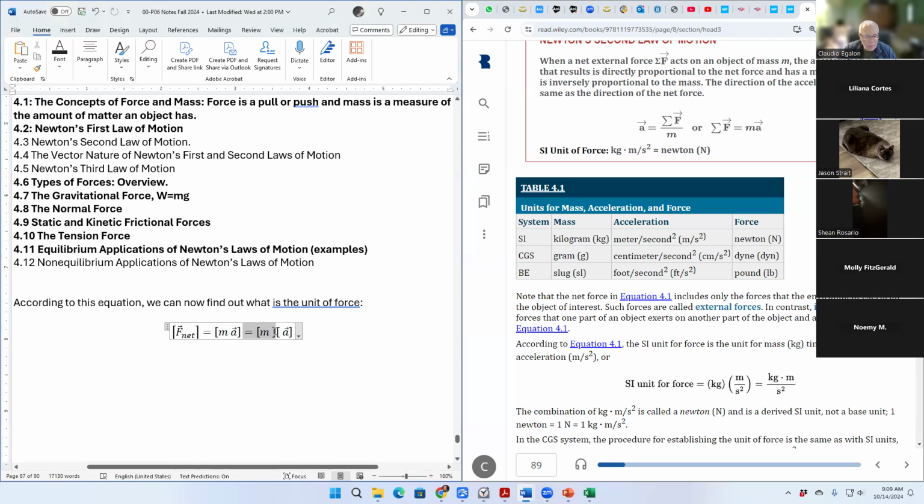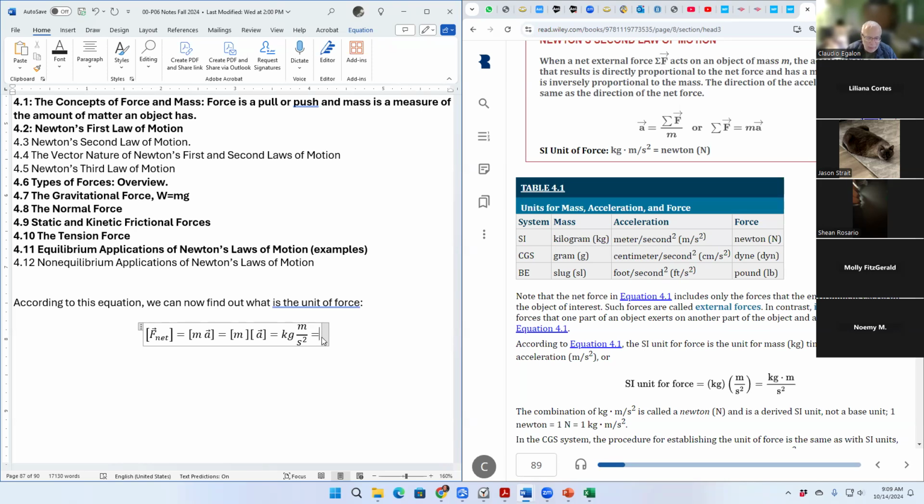We're doing dimensional analysis here, right? The unit of mass is the kilogram. The unit of acceleration is the meter per second squared, right? I mentioned to you before that this unit shows up with so much frequency that we end up giving it another name.